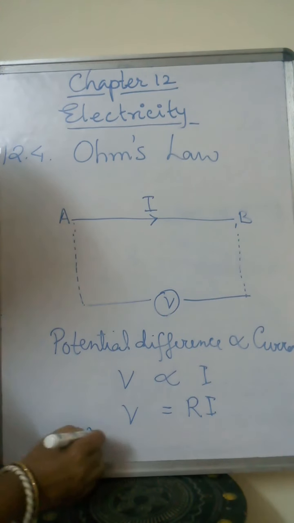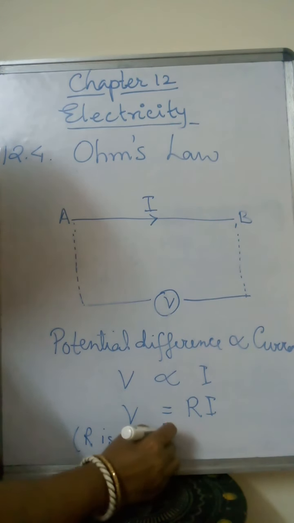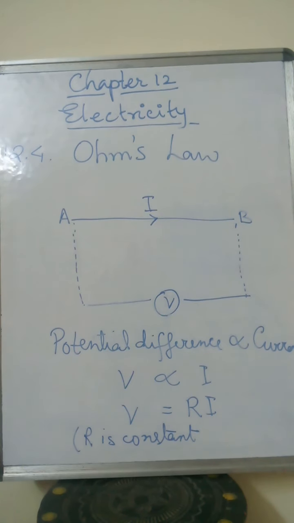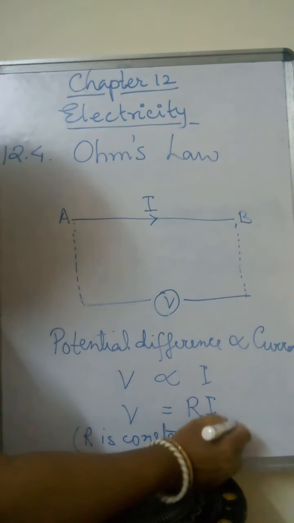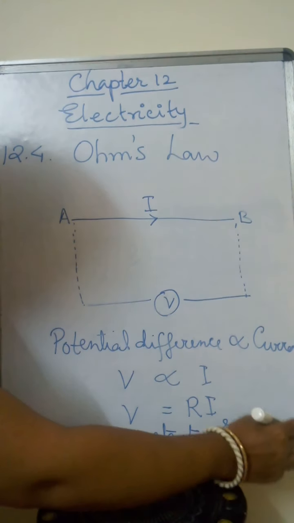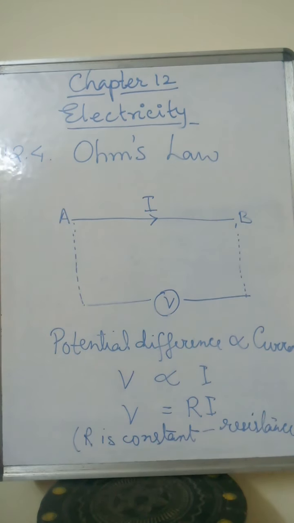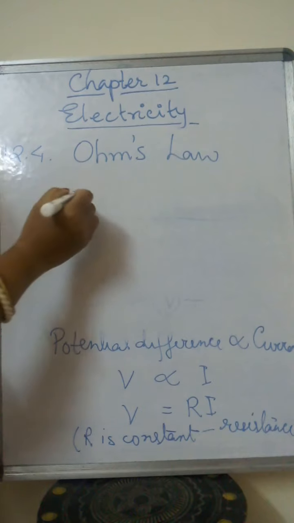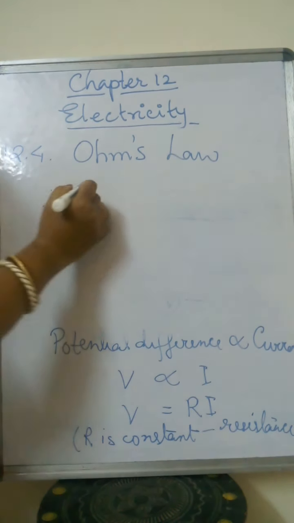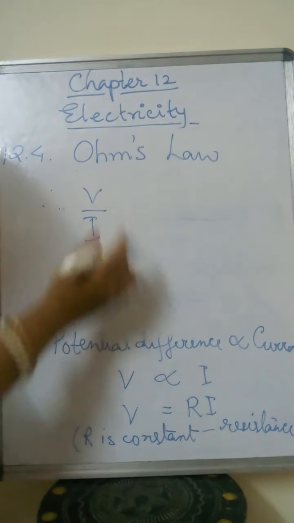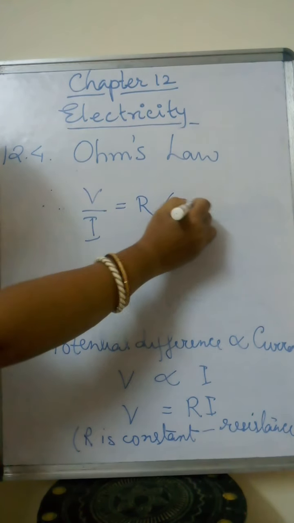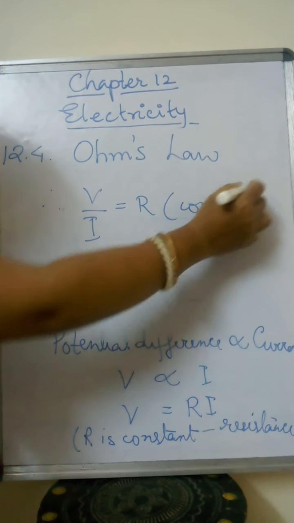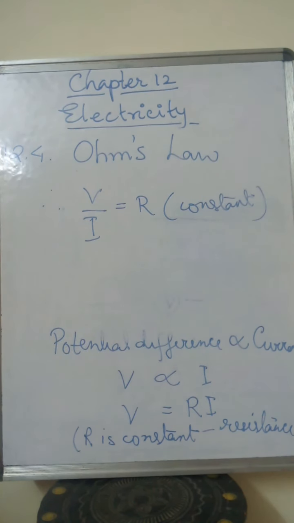R is constant, and it is called resistance. We will learn about this in the next topic. Therefore V by I is equal to R, or constant. So Ohm's law is verified here.